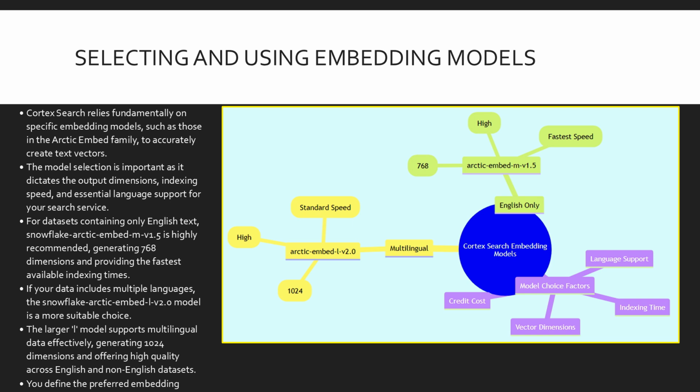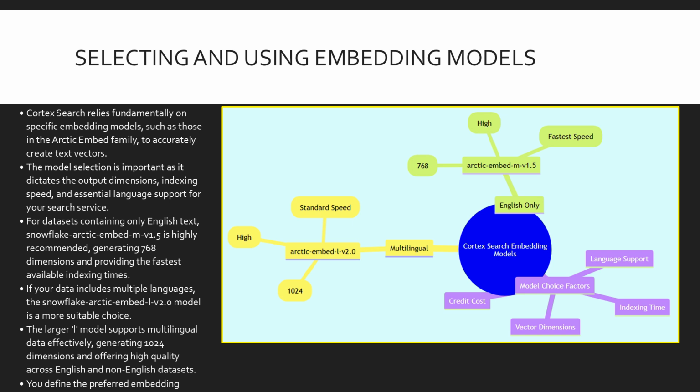Making an informed and judicious model selection is critically important because the specific choice dictates numerous essential operational characteristics, including the number of output dimensions for the vectors, the measurable time required for comprehensive indexing procedures, and crucially, the level and type of language support the resulting search service will possess.